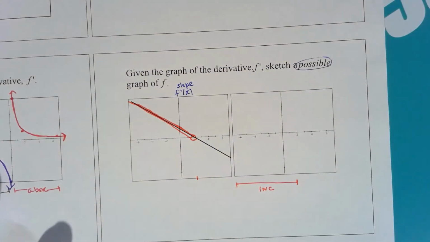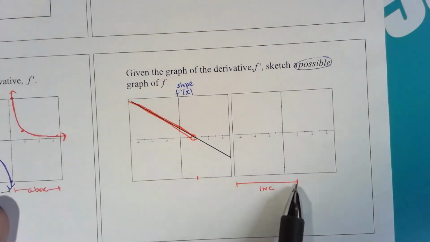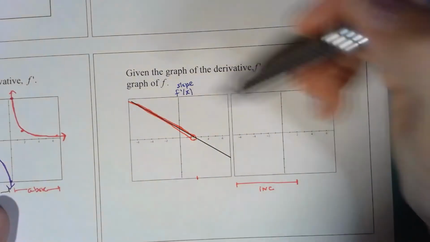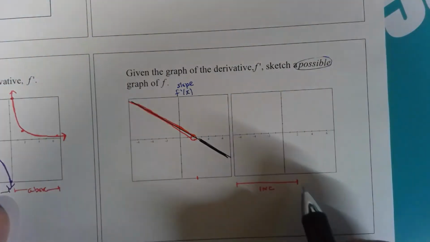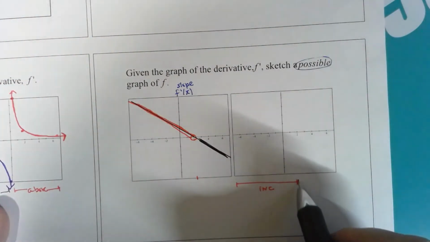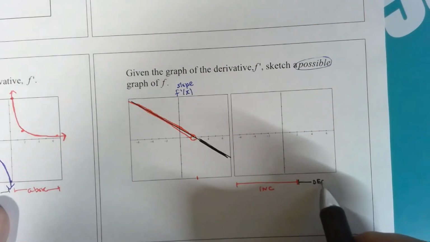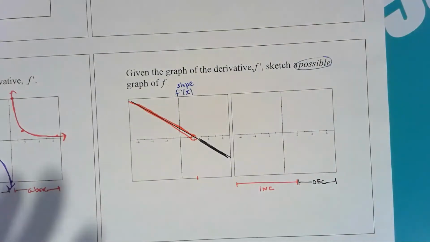My derivative is above the x-axis, so my original is increasing. Then my derivative is below the x-axis, and when my derivative is below, that means my original is decreasing.